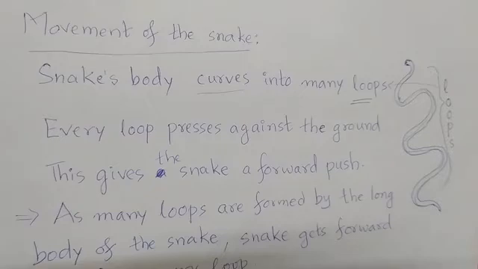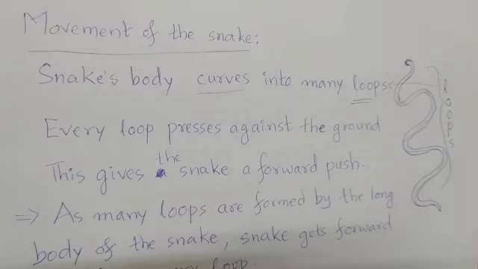As a loop of the snake presses against the ground, it gives an opposite thrust on the snake's body, pushing the body of the snake forward.